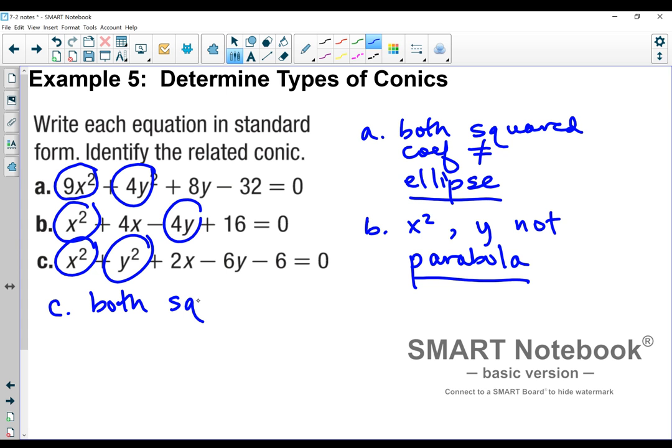Both the x squared and the y squared have the same coefficient. So if my coefficients are equal, then they're stretched the same in both the x and the y direction. So I have a really specific kind of ellipse, which is a circle. So that's how we can tell that.